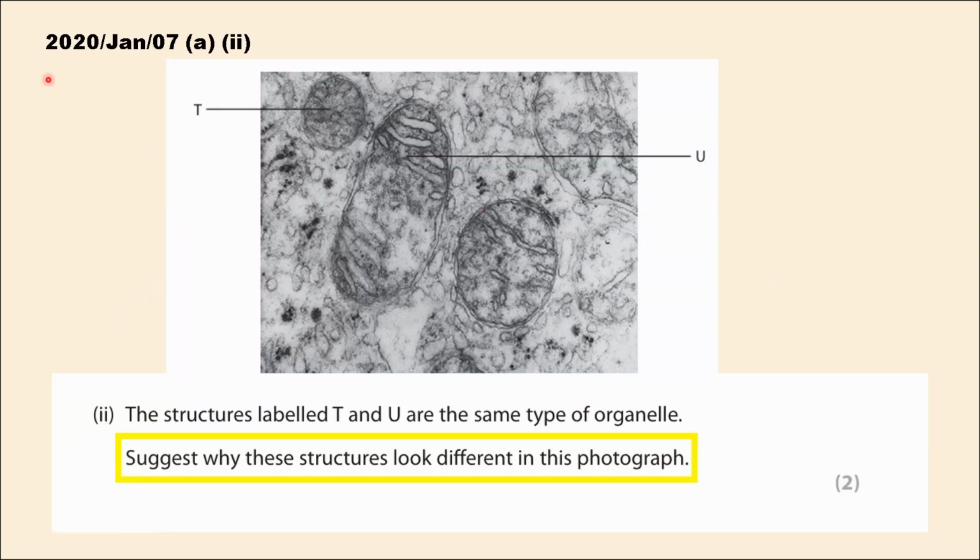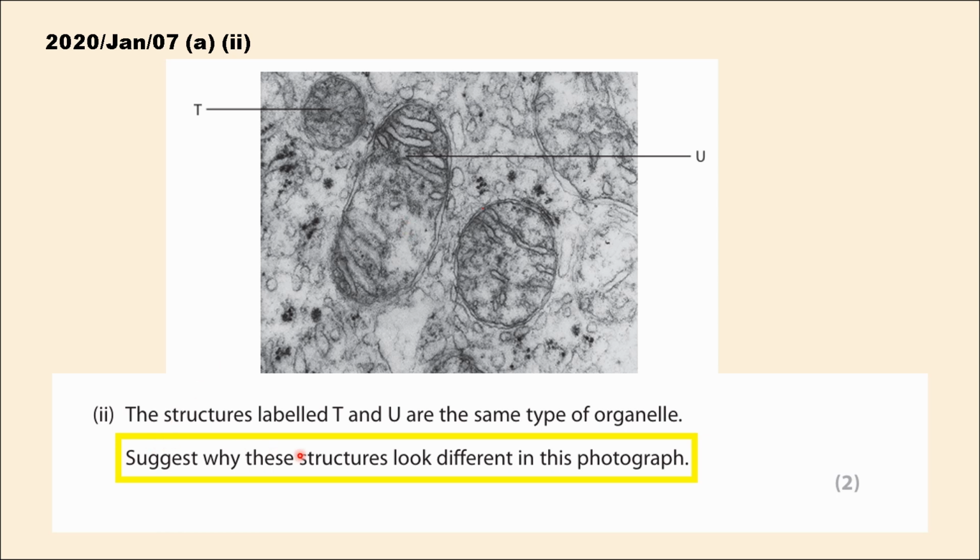The next question is from the 2020 January paper. Here also you are given a picture, and if you are familiar with the organelles, then you know this is a picture of mitochondria. This question is not about the types of microscope you use to view this, but it's related to microscopical observation. That's why I bring this question in here.